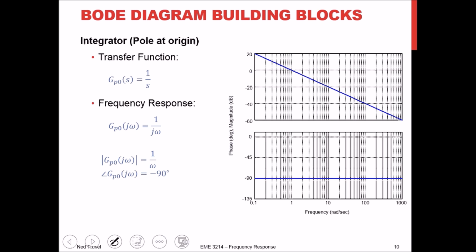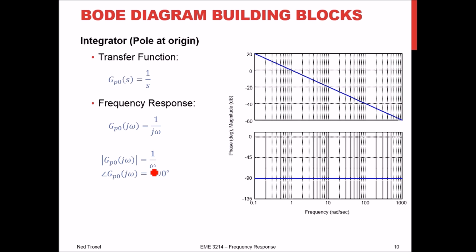What if we have an integrator, or in other words a pole at 0? Well, the frequency response is 1 over j omega. What's the magnitude of 1? That's 1. What's the magnitude of j omega? It's just omega. So the magnitude will just be 1 over omega. When you take a log of that, it just winds up being a straight slope.